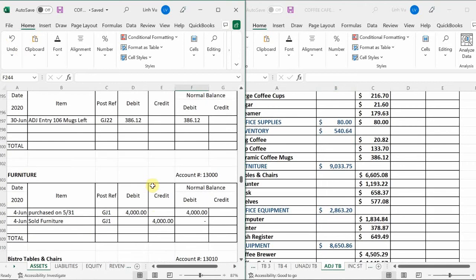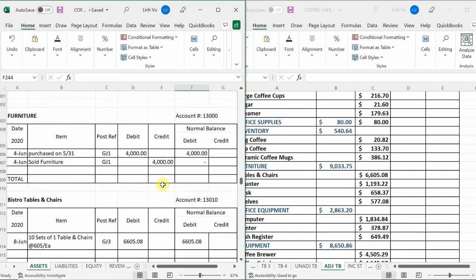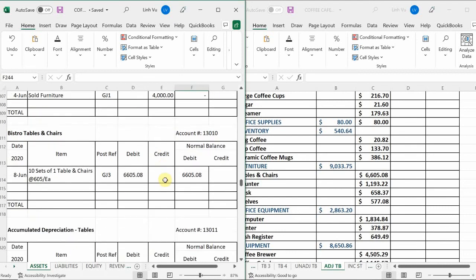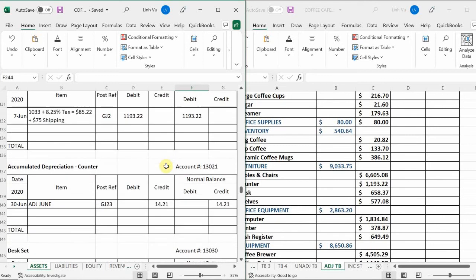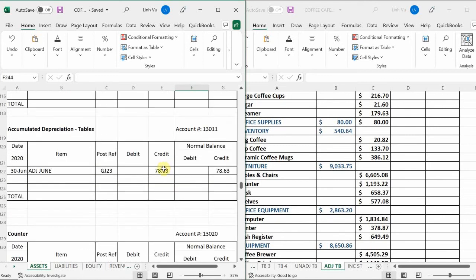The next account's going to be tricky because I have a whole bunch of contra accounts in here. I have to put in one at a time all the accumulated depreciations. So I have accumulated depreciation for the table, the counter, the desk, and the shelves. That means I need to do a lot of inserting, and I have to add and subtract the two debits because this is going to give me my current book value of all of my furniture.